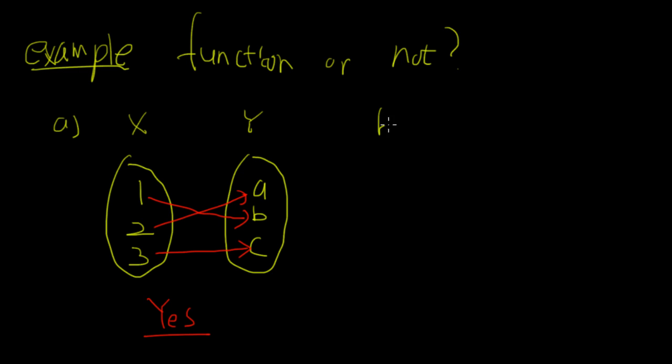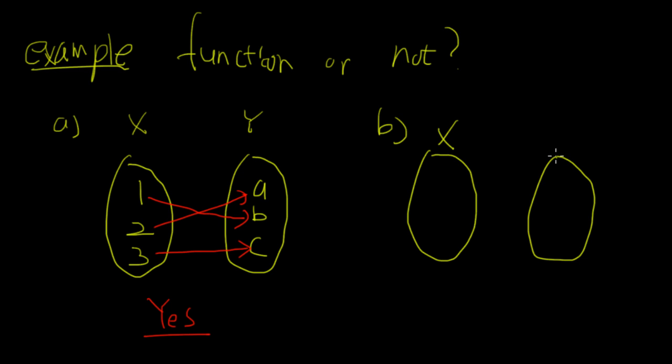All right. Next one, let's say you have set x and set y. Let's say 1, 2, 3, 4, 5, 6. So it doesn't have to be a, b, c, 1, 2, 3. You can just make up your own. Let's say 1 goes to 4, 2 goes to 5, but 2 goes to 6, and 3 goes to 6.